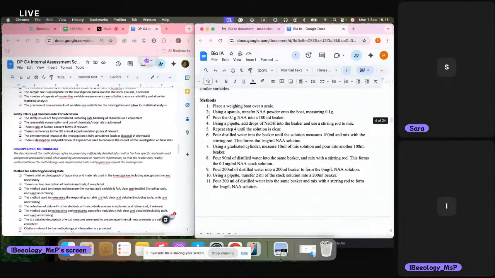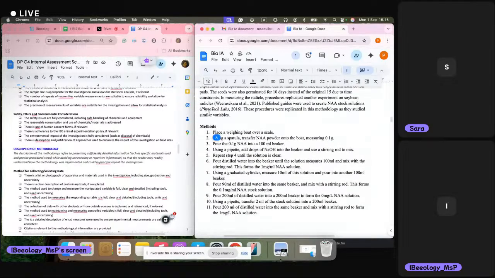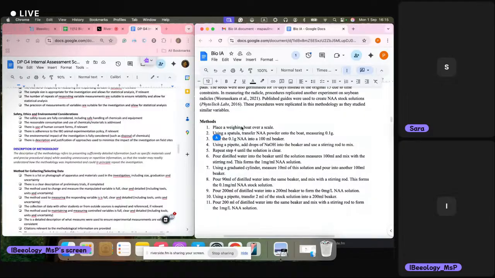So I suggest that you review your methods. For example, place the weighing boat over a scale. Is this supposed to be a protocol? Maybe you could say, by using a weighing boat, measure this. Because it's one step.